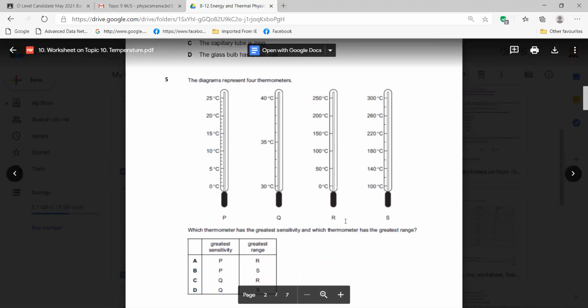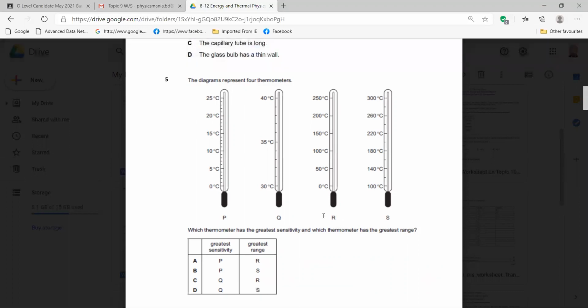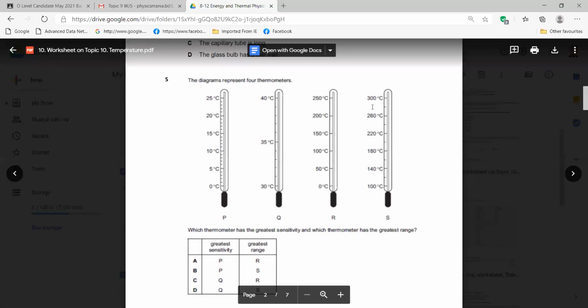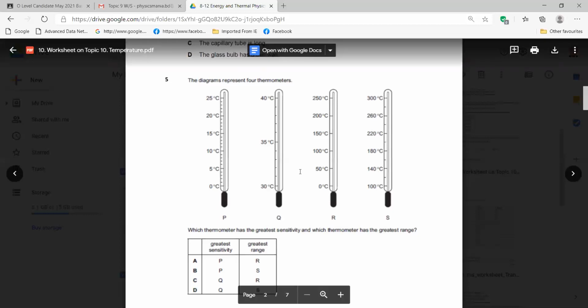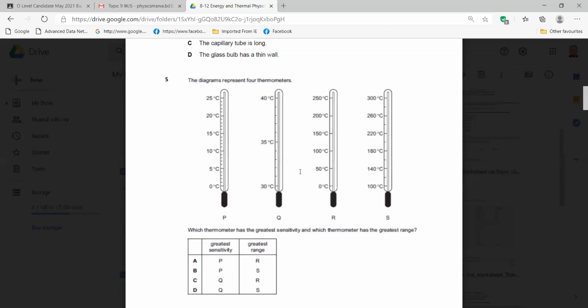Which one has the greatest range? R, because it's giving you 250 degrees Celsius, 0 to 250. But S is giving 100 to 300, which means the range is only 200. Is it clear?